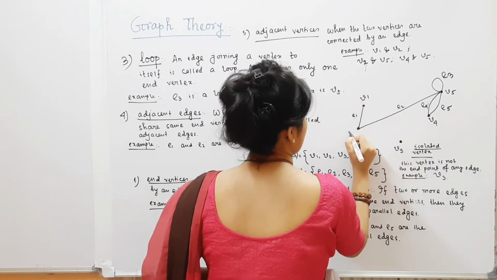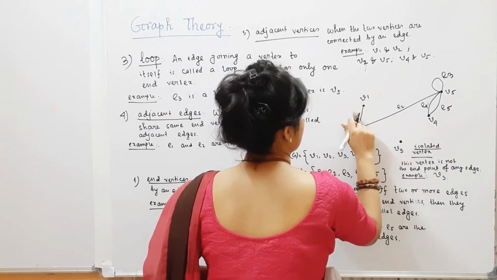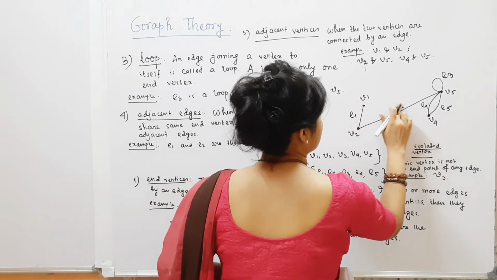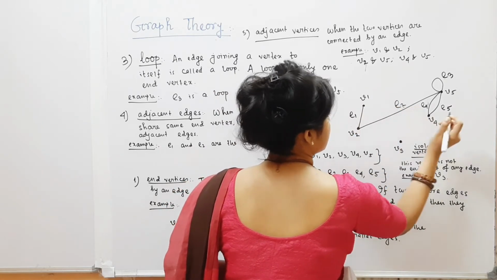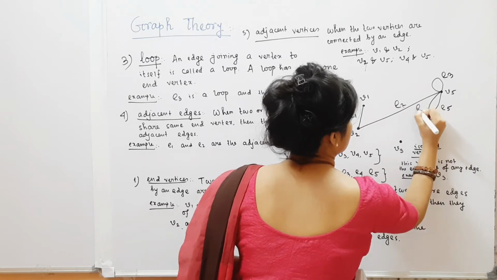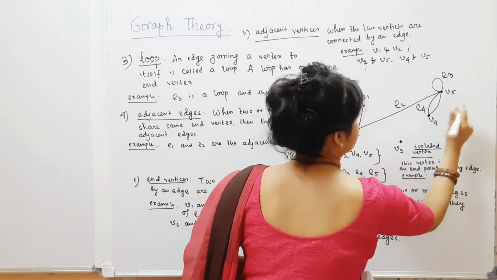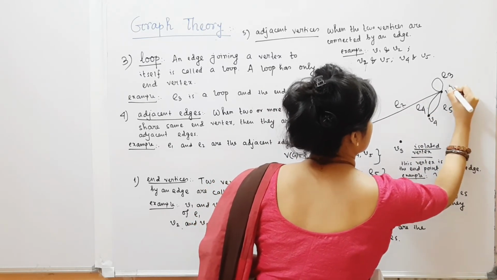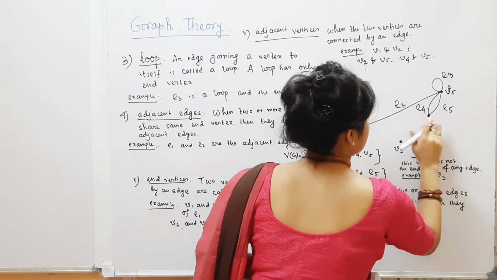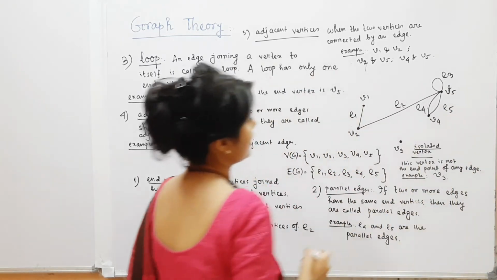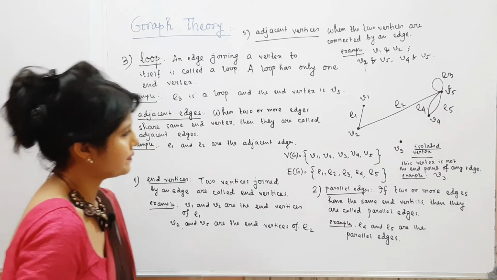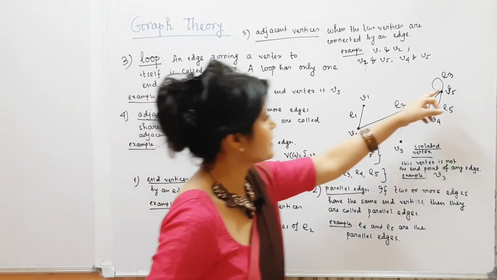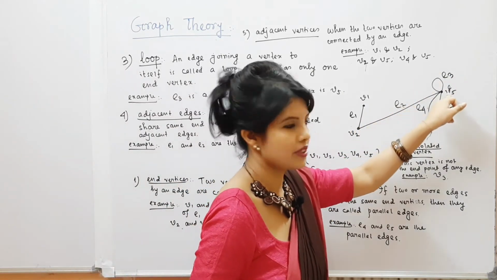So this is V1, this is V2, this is E1, this is E2, this is E4, this is E5, this is V5, this is V4, okay. So in a loop, this edge joins the vertex to itself, okay.